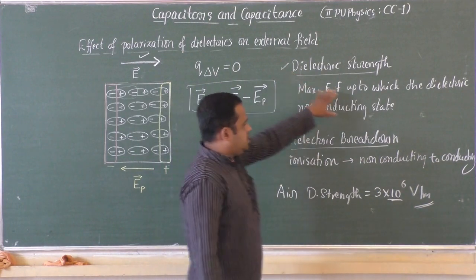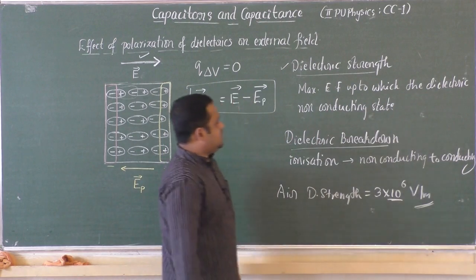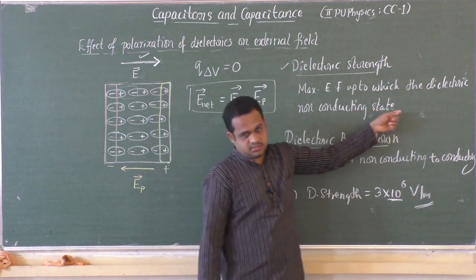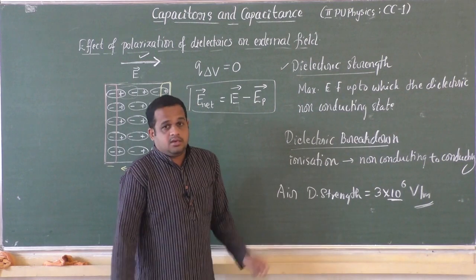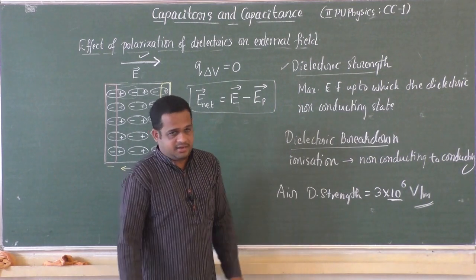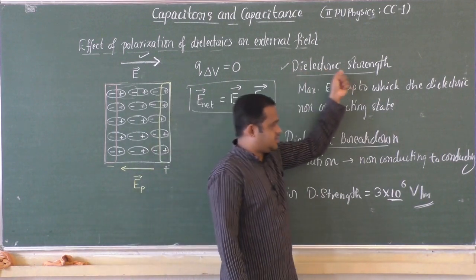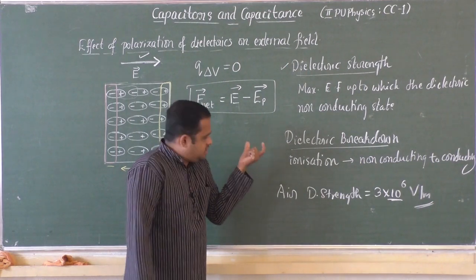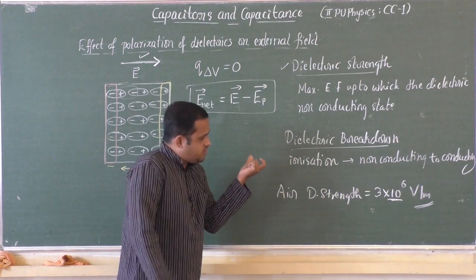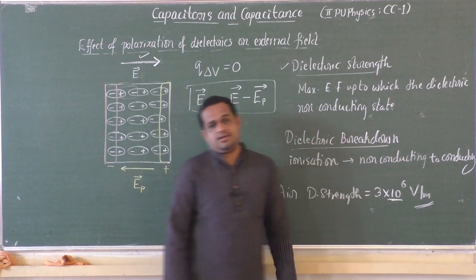The maximum electric field up to which the dielectric substance retains its non-conducting state, beyond which ionization of the dielectric takes place, is called dielectric strength. Due to ionization, the dielectric medium changes its state from non-conducting to conducting, and that condition is called dielectric breakdown.